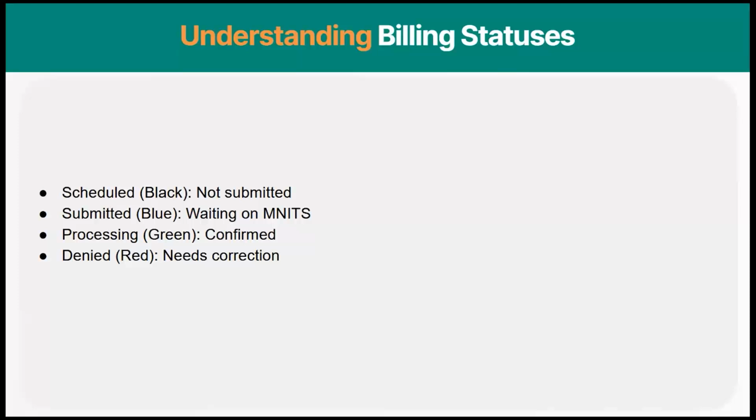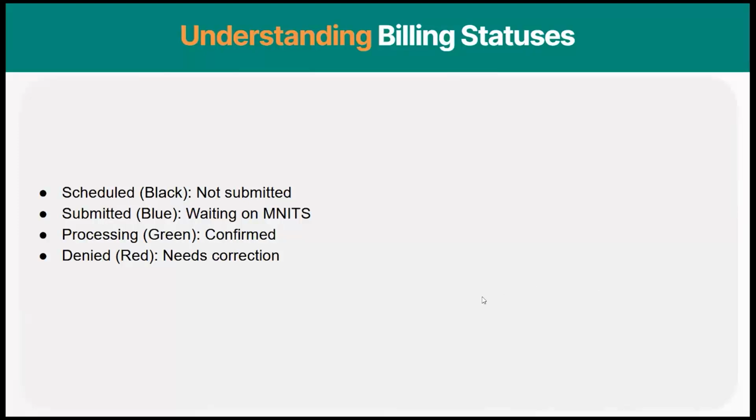On this slide, I'll quickly walk everyone through the billing statuses inside Caretap and what each color means. First, scheduled, in black, means that the claim or the time log has not been submitted yet for billing. Next, submitted, in blue, means that the claim has already been sent and is currently waiting for a response from the payer.